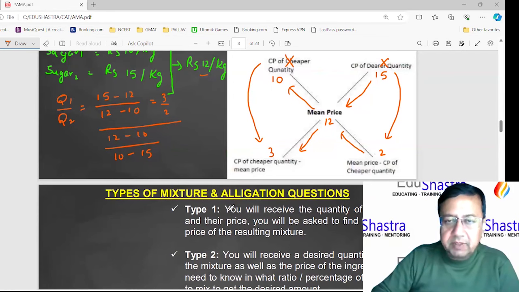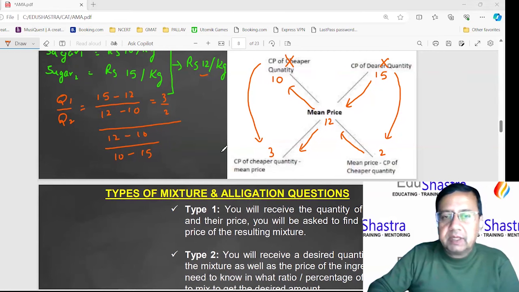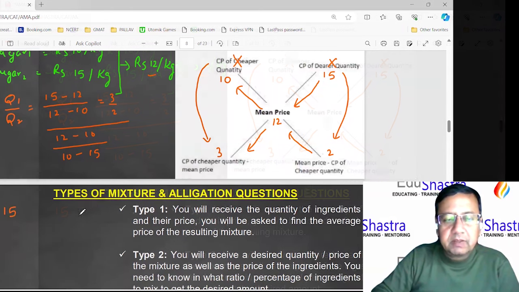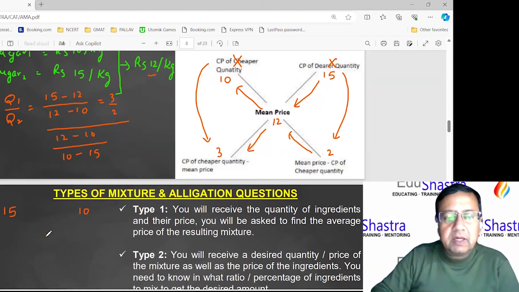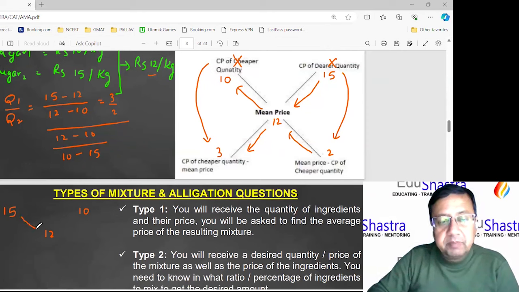Dhruv, I'm coming to what the answer is representing. You can take this way also. Say this is 15, this is 10, then write the 12. From the bigger value, subtract the average, and from the average, subtract the smaller value.